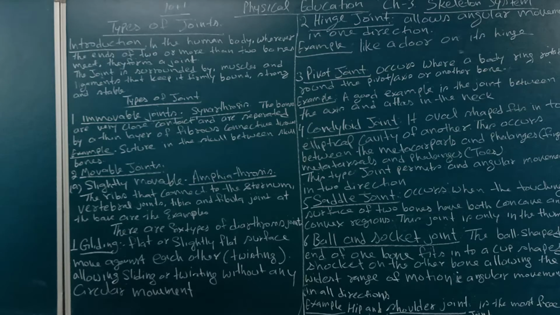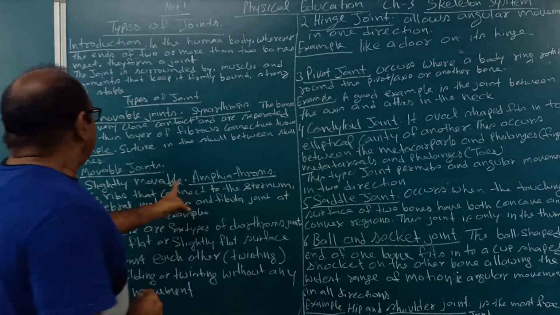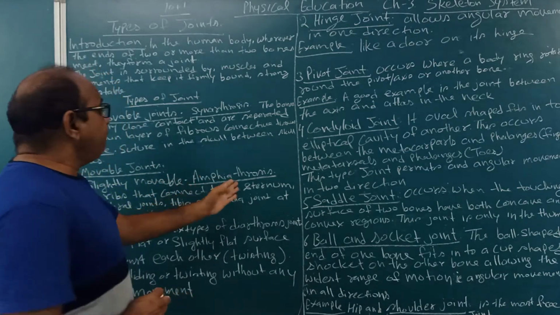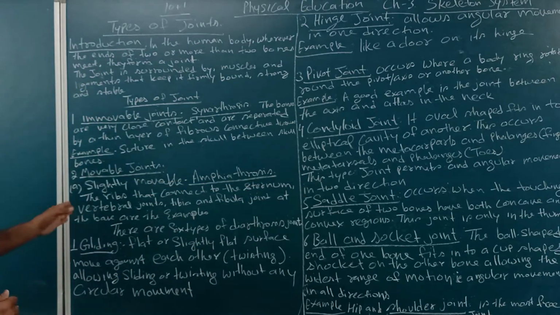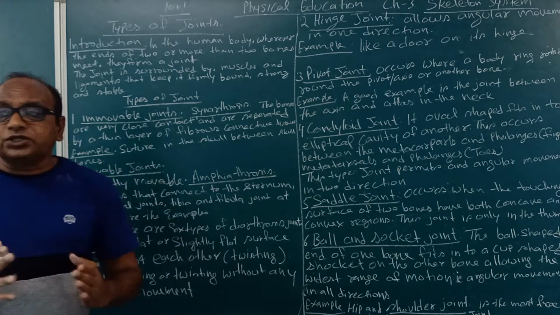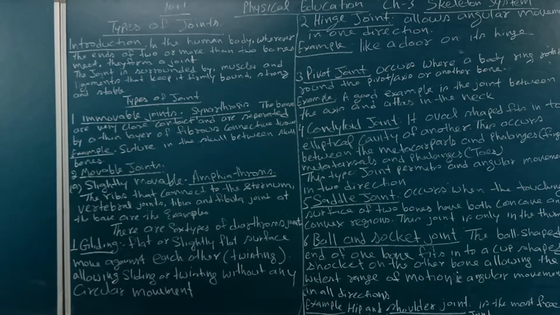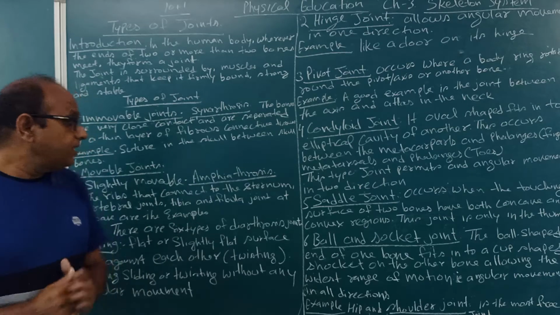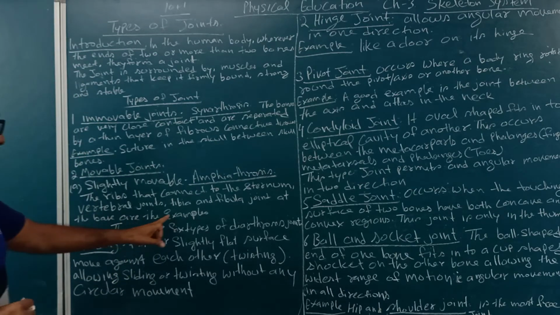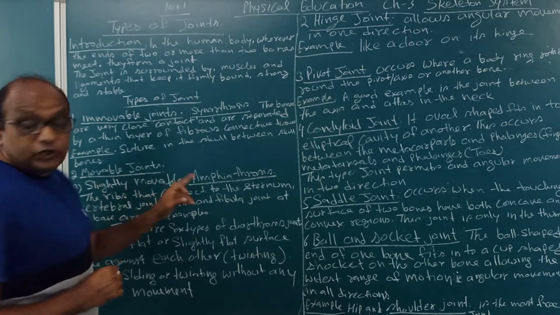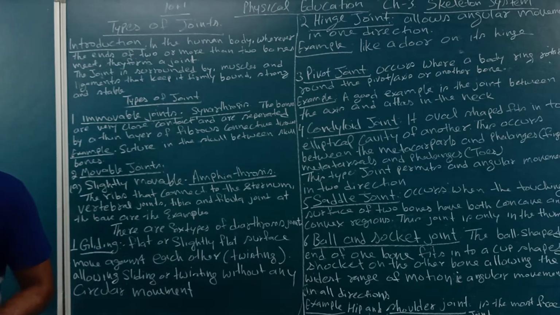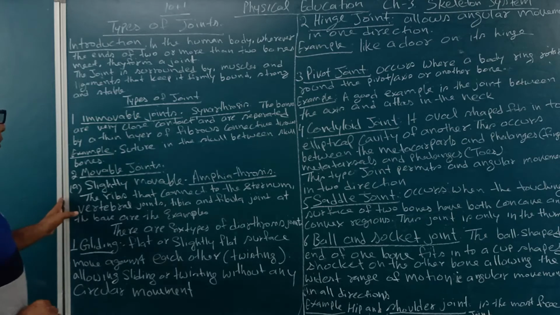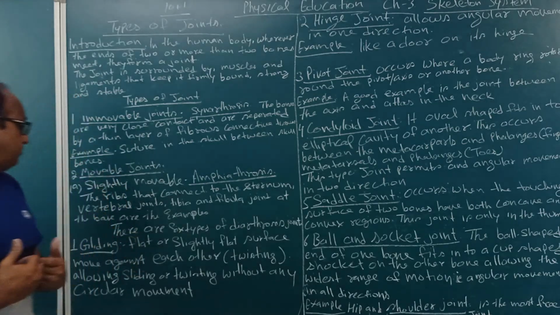So first of all, we will talk about slightly movable joints. These joints are also called amphiarthrosis. The ribs that connect to the sternum, vertebral joints, and the tibia and fibula joint at the base are the best examples of amphiarthrosis joints.